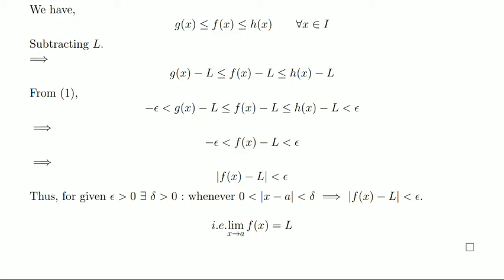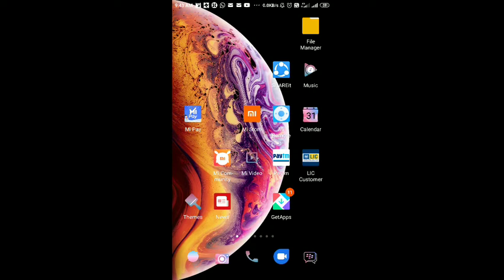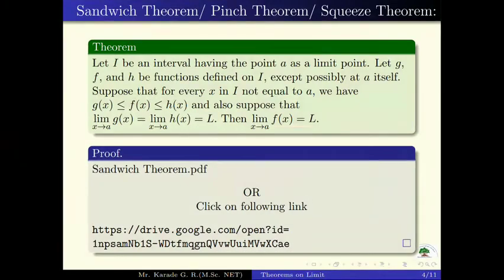That is, whenever x approaches a, the values of f(x) approach L. This means that the limit of f(x) as x approaches a is equal to L. This is the end of this theorem.